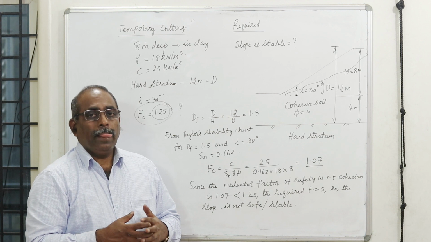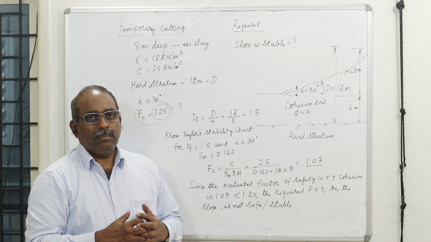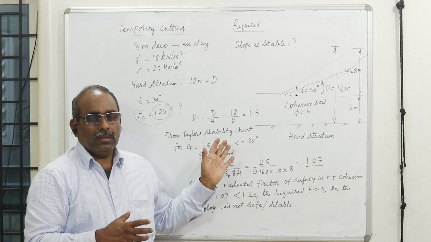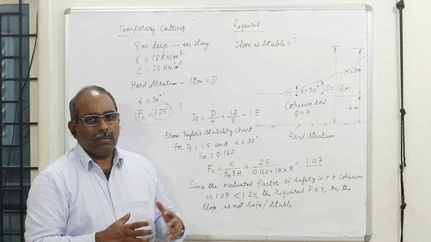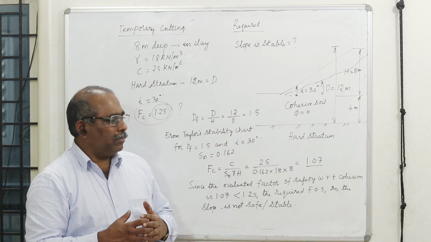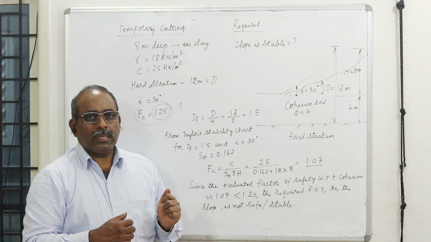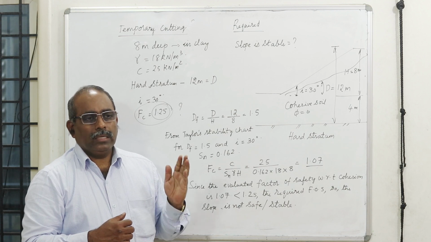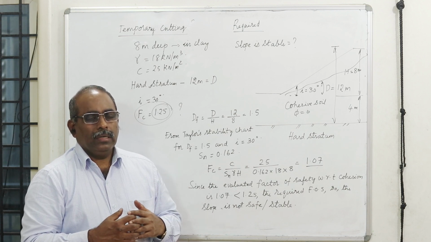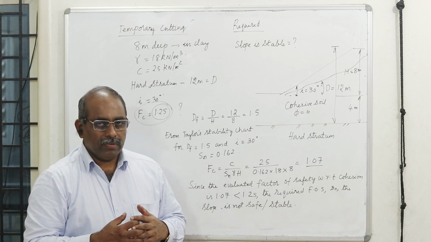Then we went to the various methods using the limit equilibrium method. I listed all the methods, but I concentrated on the limit equilibrium methods and what is there in the syllabus. We covered the Swedish slip circle method for a purely cohesive soil and the Swedish method of slices for a c-phi soil.